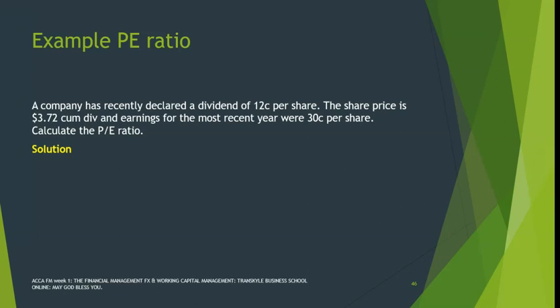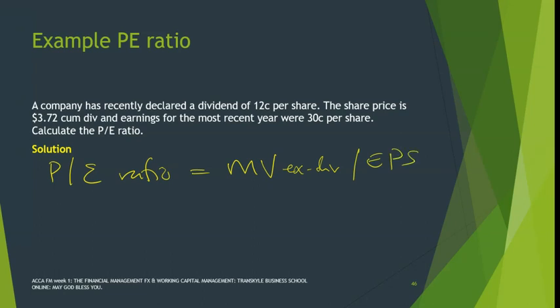A company has recently declared a dividend of 12 cents per share. The share price is 3.72 cum div, and earnings for the most recent year were 30 cents per share. Calculate the price earnings ratio. So we know price earnings ratio is equal to market value, remember these market values per share are XDIV, market value XDIV over earnings per share.